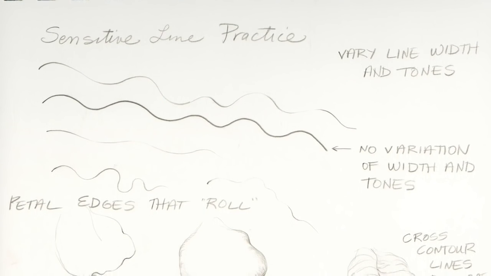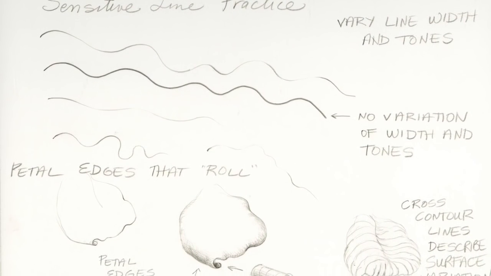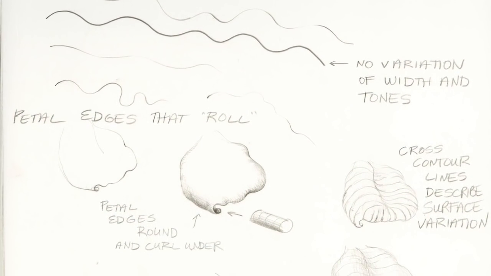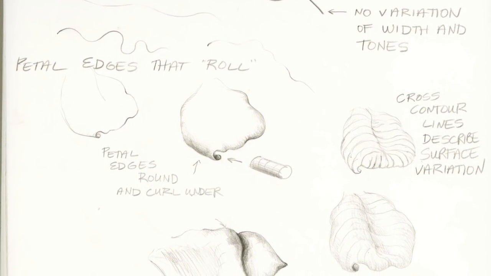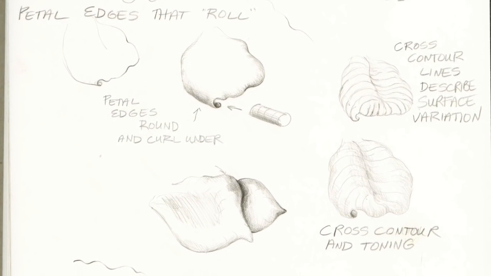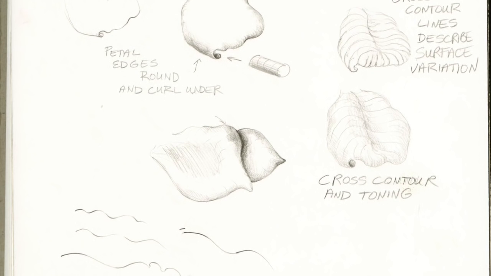Here's my practice page where I practice my sensitive line, variation of width and the tones of the line, and then I practice different petal edges, getting them to roll. I use some cross contour lines to describe the surface of the petal. Then I did a couple of overlapping rolling petals. Why don't you try practicing too?